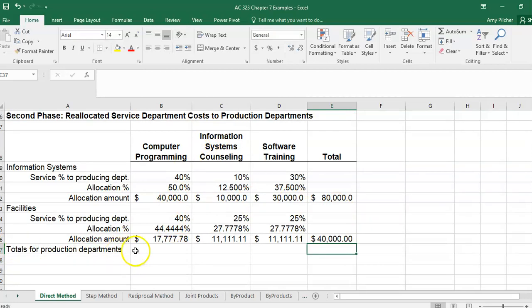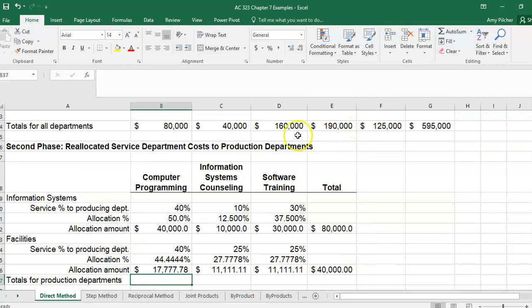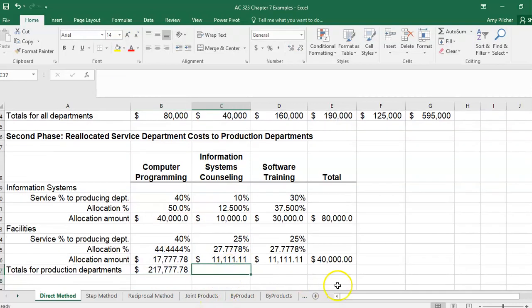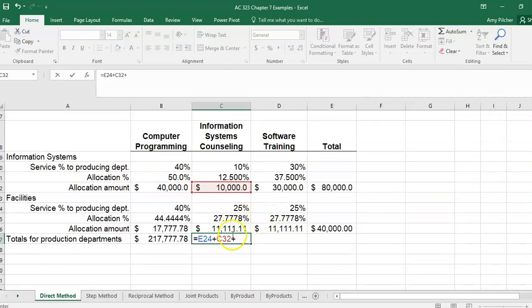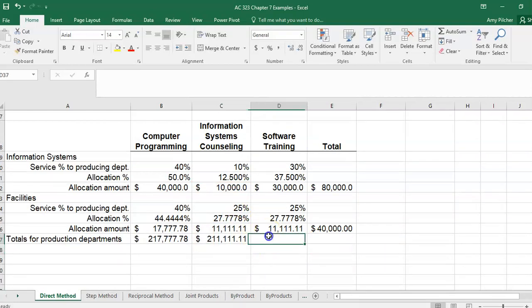Our total overhead costs for these departments is their original cost plus the cost that we allocated from the 2 service departments. So we have costs of 190,000 plus 10,000 plus 11,100.